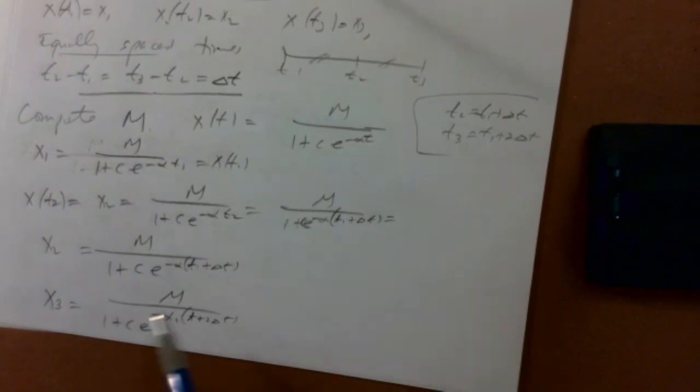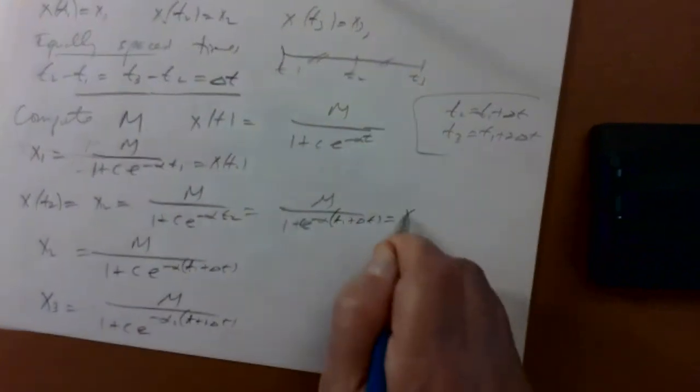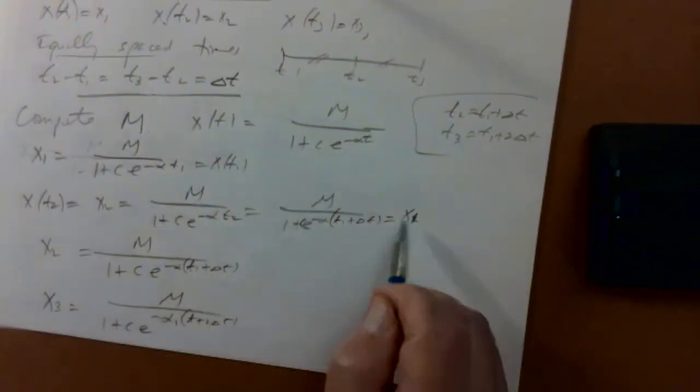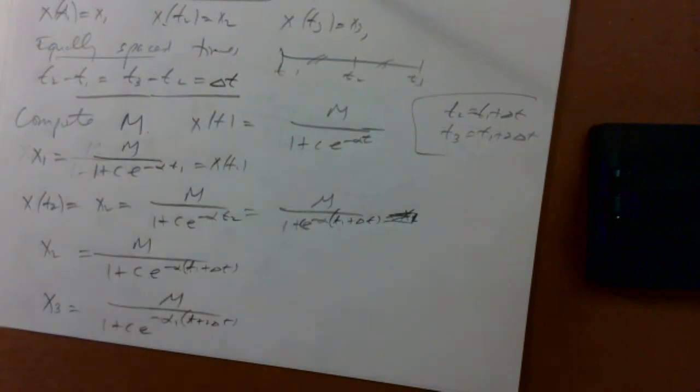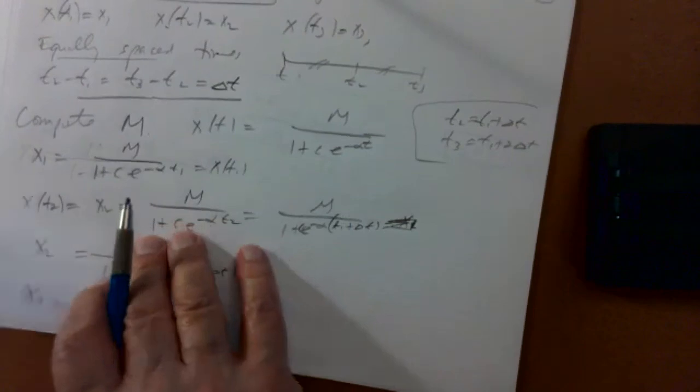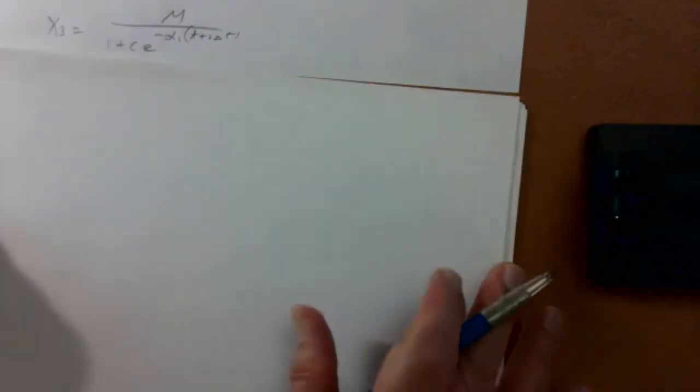And I have 3 equations, and I should be able to eliminate some of these constants. So for example, let me just try and work this out. I'm not sure how informative it is, but we had m over 1 plus c e to the minus alpha T1 equals x1.